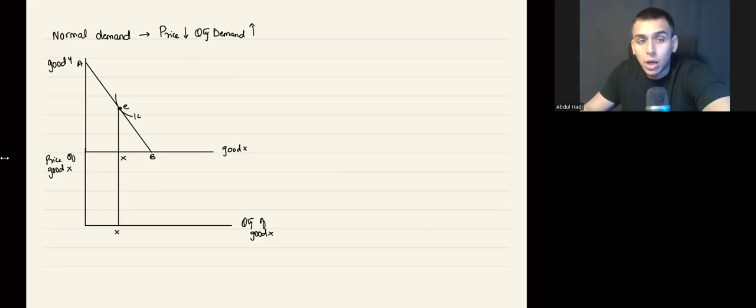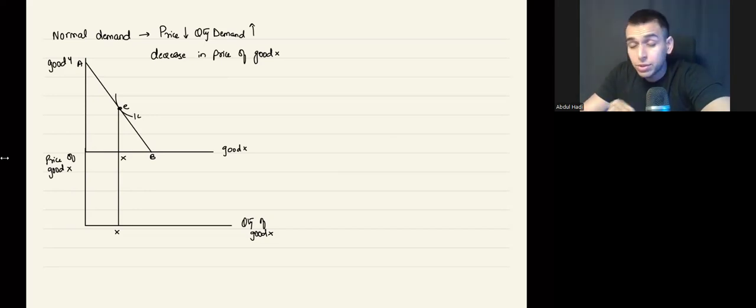Now, as there is a decrease in the price of good X, regardless of the nature of the good, the color of the good, the overall characteristics of the good, it doesn't matter. Whenever there's a fall in the price of good X, your purchasing power for good X will rise.